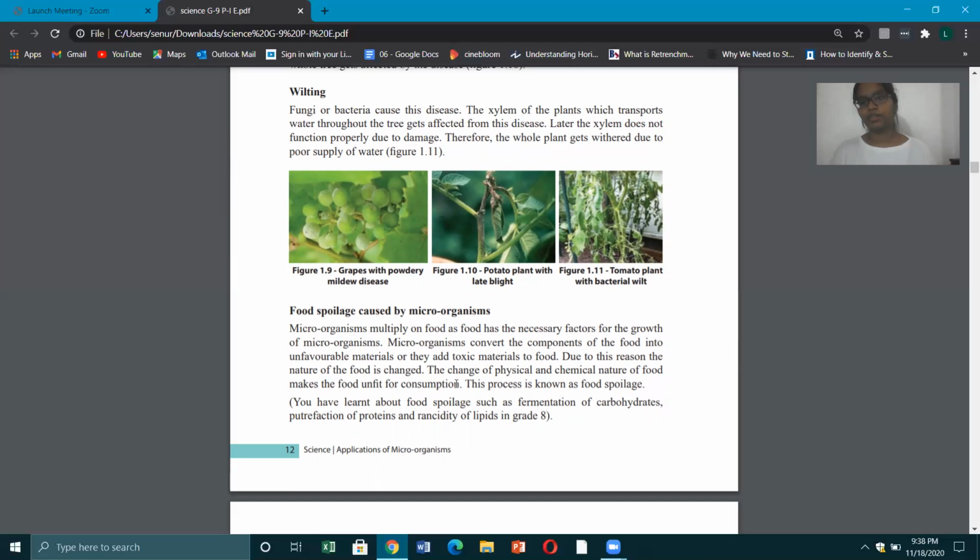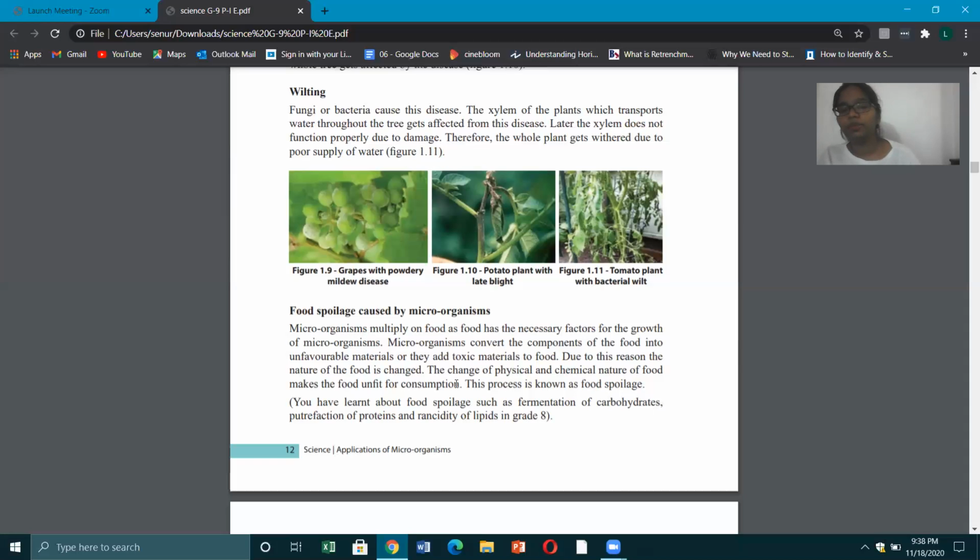Now what happens when the xylem tissue gets affected? The xylem will not function properly. Okay, because that had got damaged, and because of these fungi and bacteria, the xylem tissue gets affected.